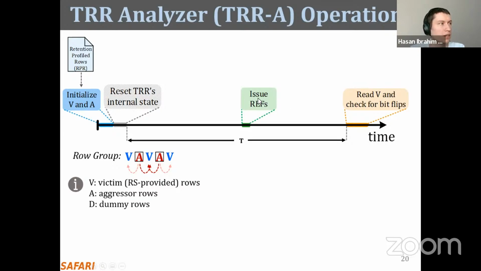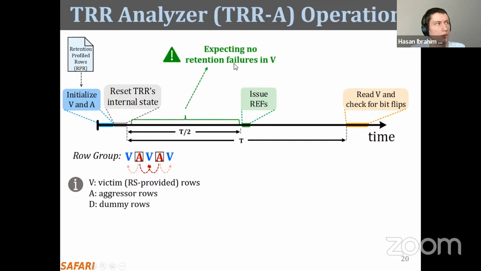Okay, and so basically if these refreshes target and refresh one of these victim rows, then the victim rows will be refreshed after half of t, and we expect no retention failures to happen within this half t interval, because we know that these victim rows will fail after time interval t, but they should not fail after time interval of half t.